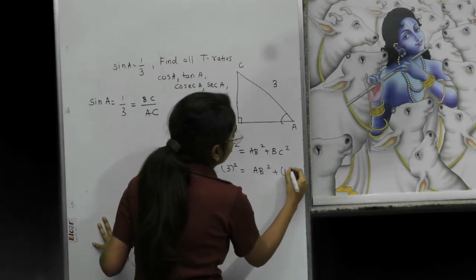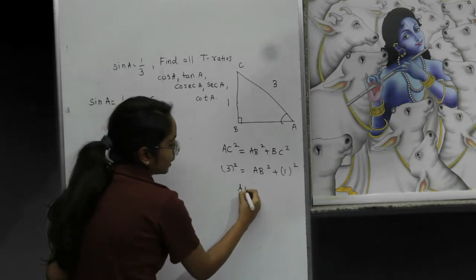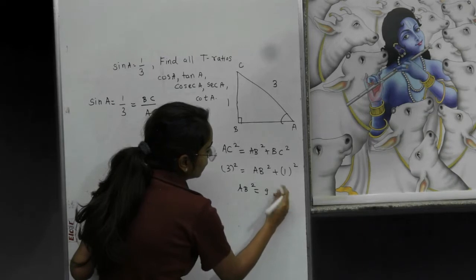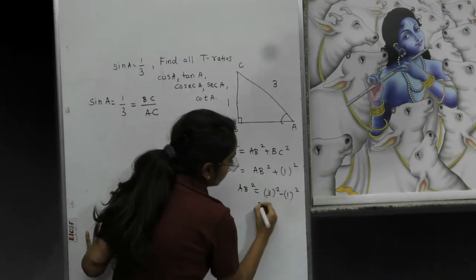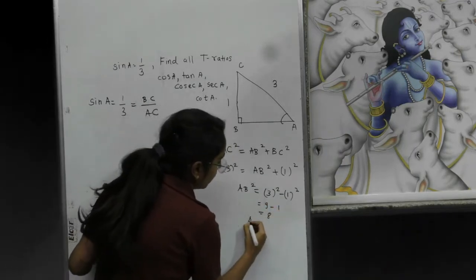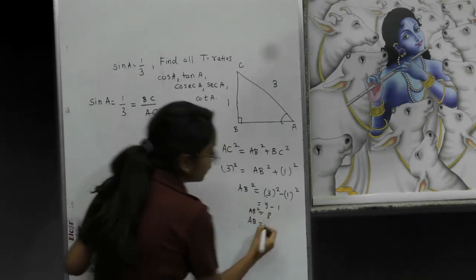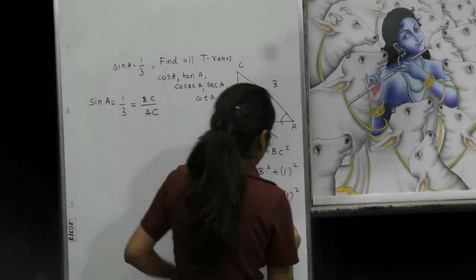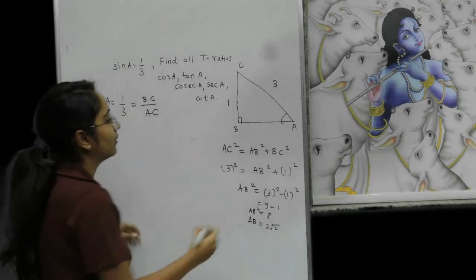So we will obtain the value of AB square by solving the equation, which is 3 square minus 1 square, that is 9 minus 1, which is 8. So AB square comes to be 8. Taking the square root, we will get 2 root 2 as the value of AB.